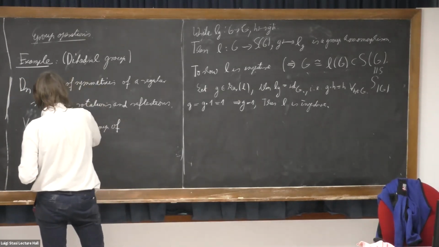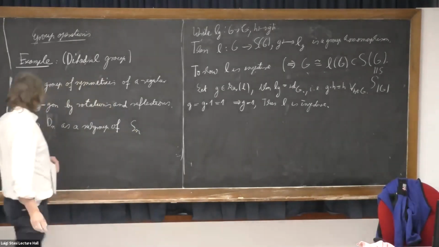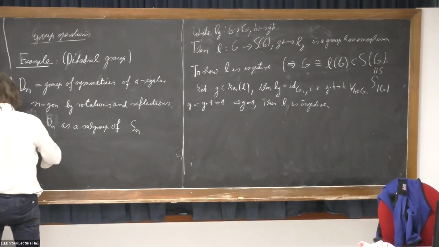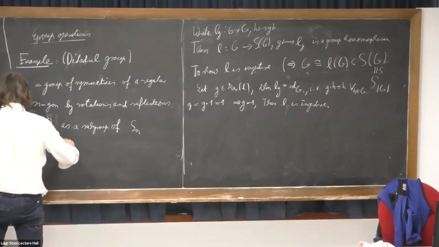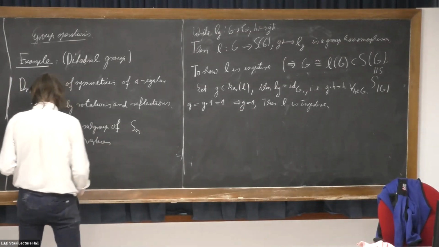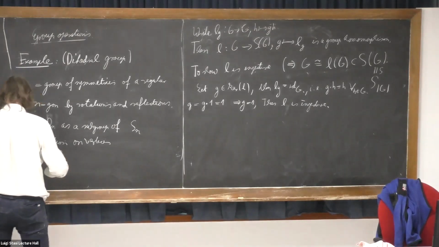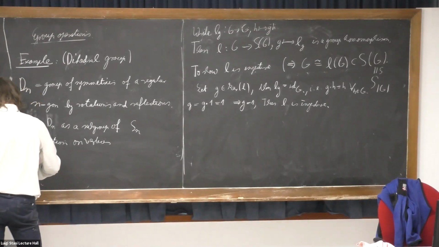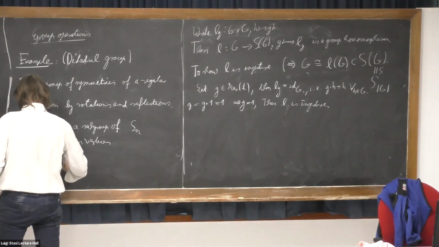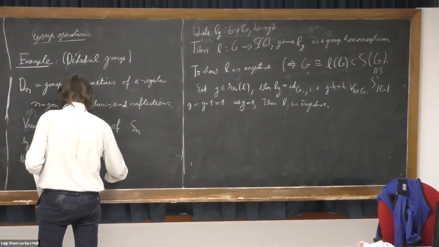So view D_n as a subgroup of S_n by its action on the vertices. So maybe I number them cyclically from 1 to n.